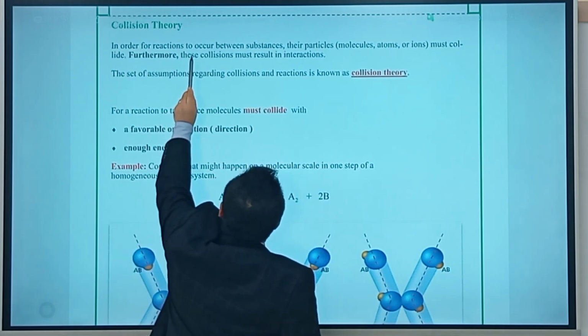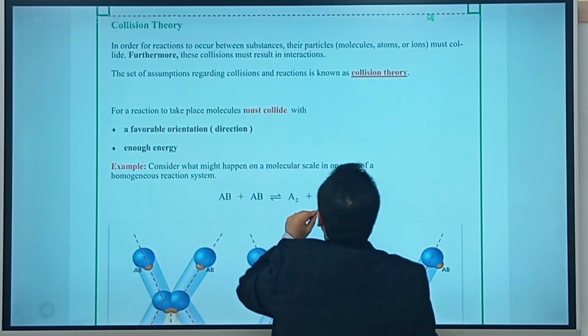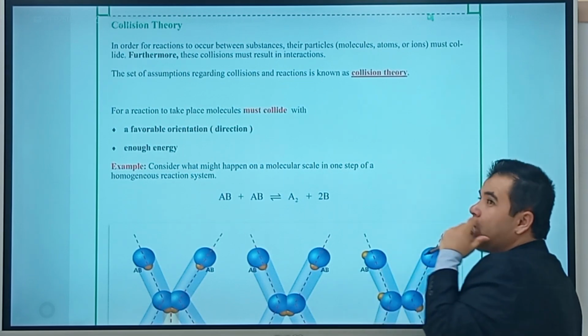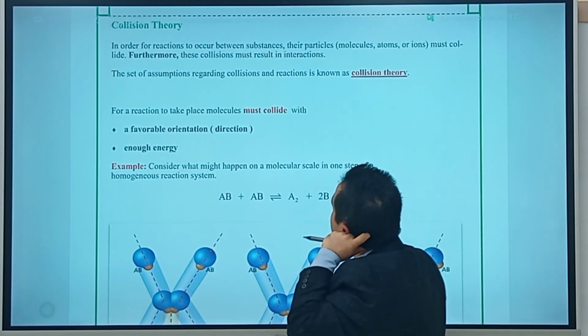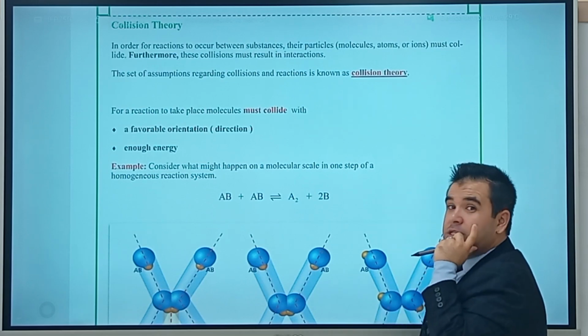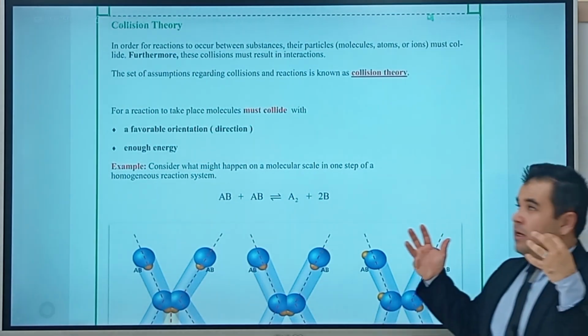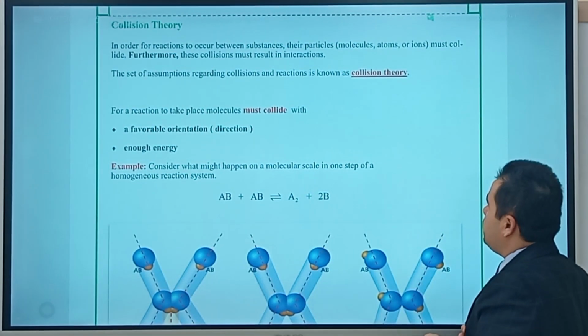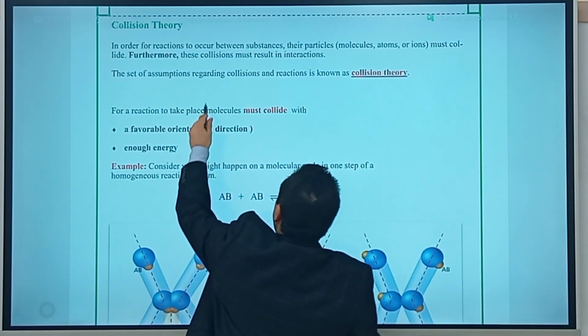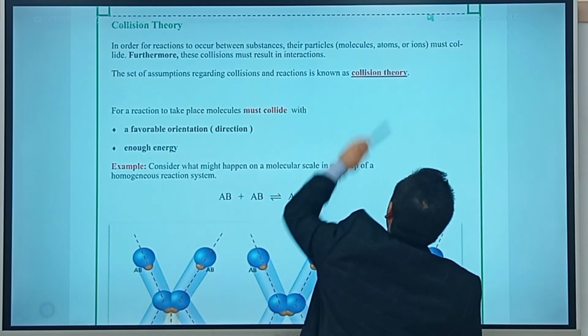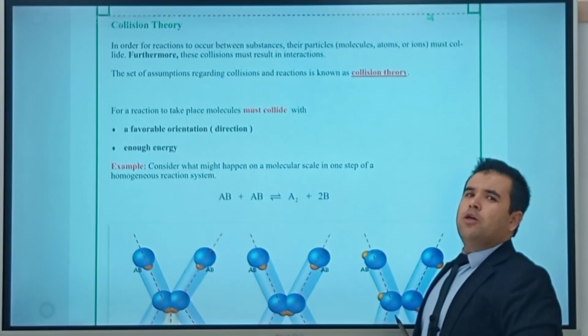In order for a reaction to occur between substances, their particles, molecules, atoms or ions must collide. Furthermore, these collisions must result in interactions between those particles. The set of assumptions regarding collisions and reaction is known as the collision theory.